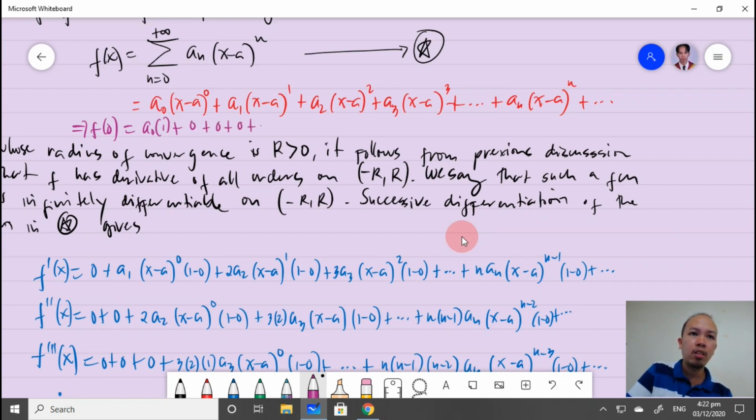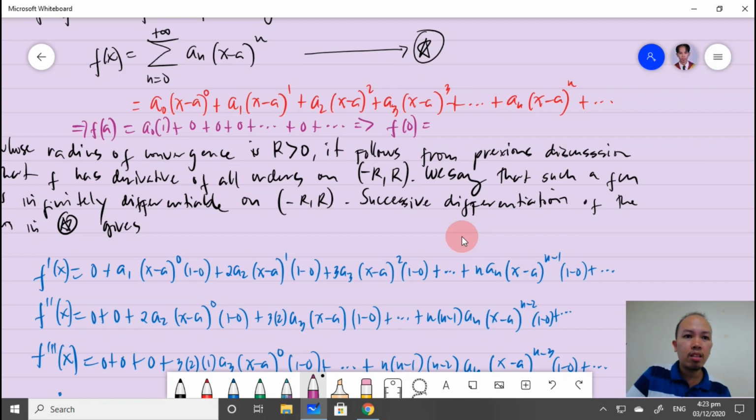So this will become f of a, I'm sorry, this is a, not 0. Let's erase this one and replace it by a.